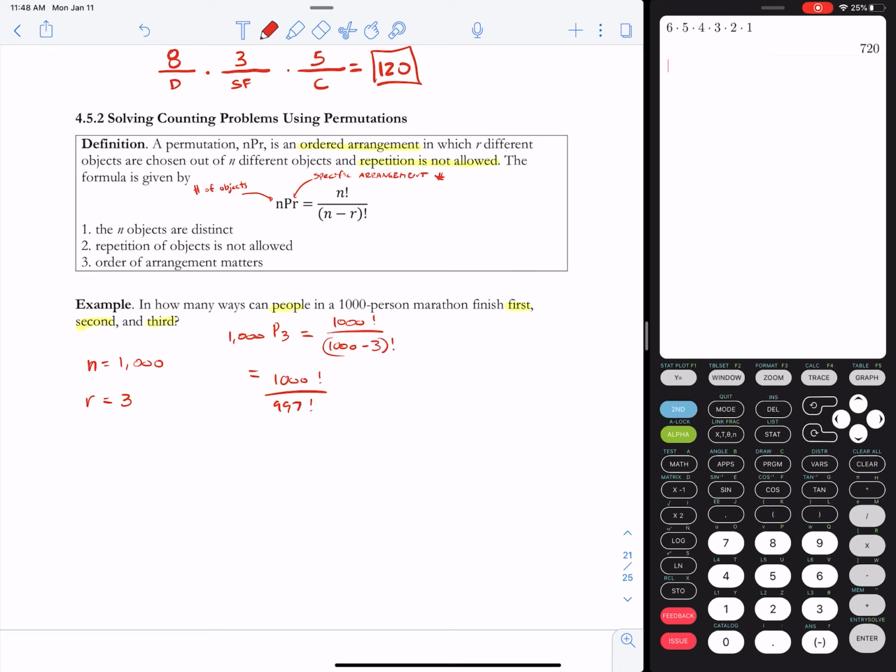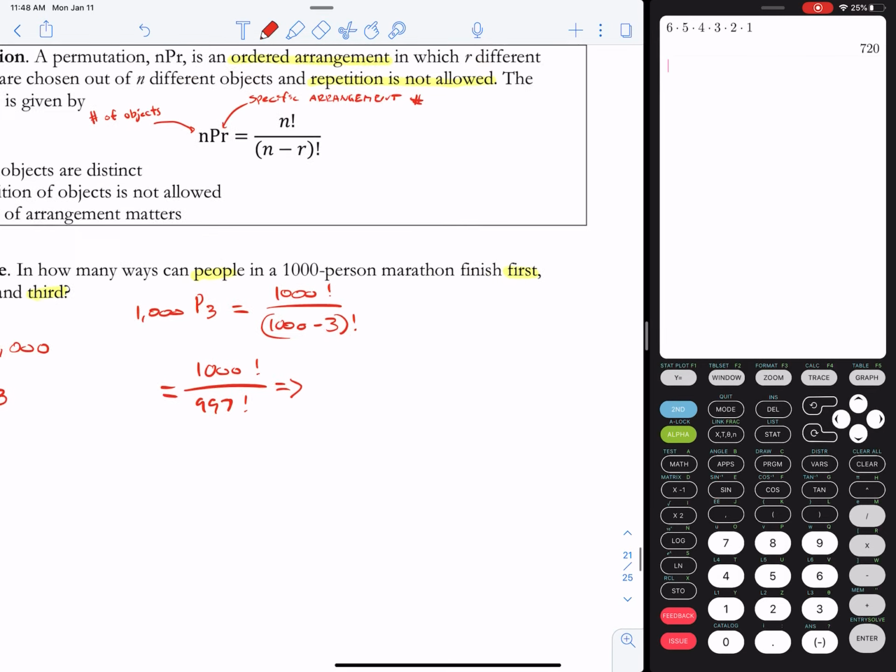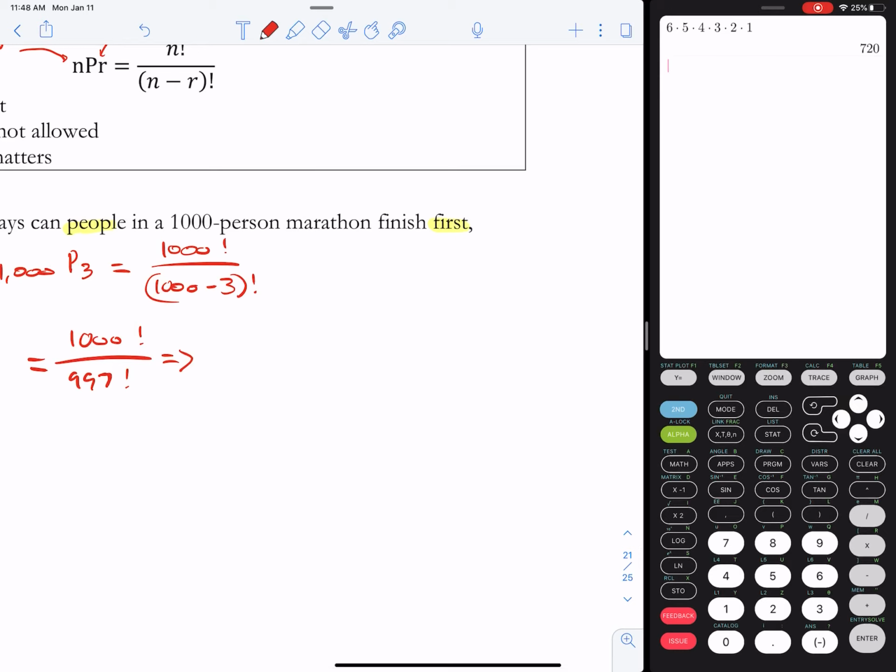Another way to write this, if we were to break it out a little, is 1,000 times 999 times 998 times 997, so on and so forth, all the way till I get to 1.